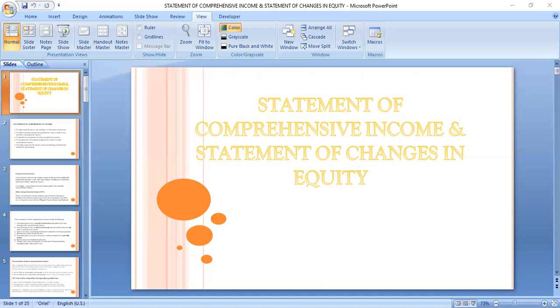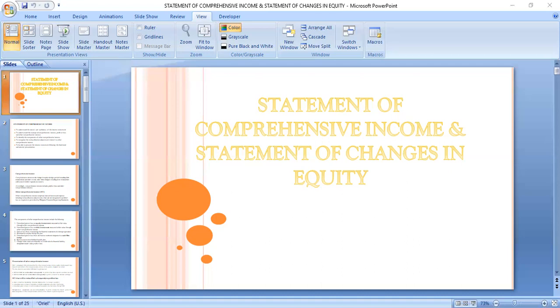And the single statement approach, combining the components of profit or loss and the components of other comprehensive income. For this purpose, we have only one statement to prepare.